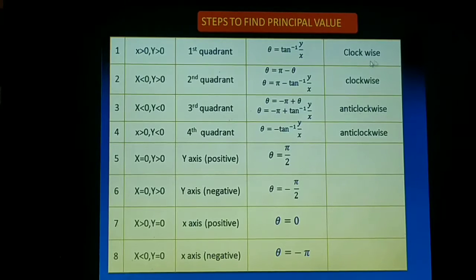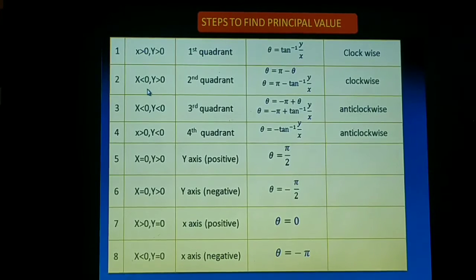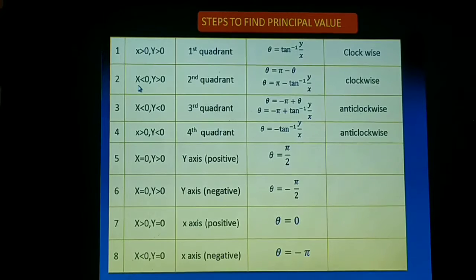When x is less than 0 and y is greater than 0, the point is in the second quadrant. Then the formula is theta is equal to pi minus alpha, that is, theta is equal to pi minus tan inverse y upon x. We have to apply this formula.